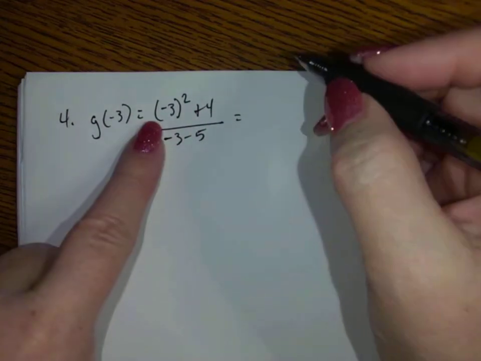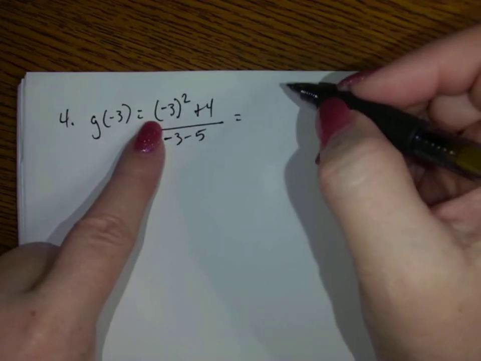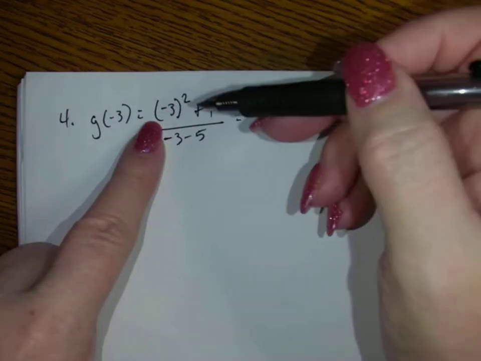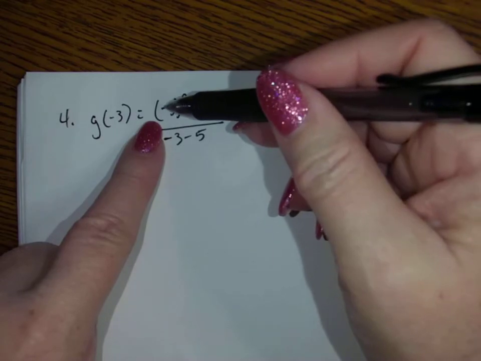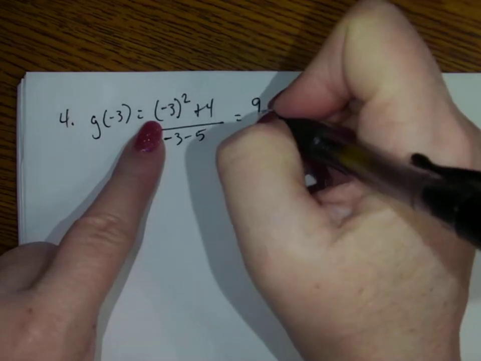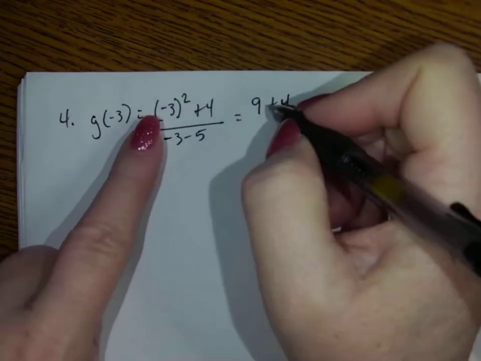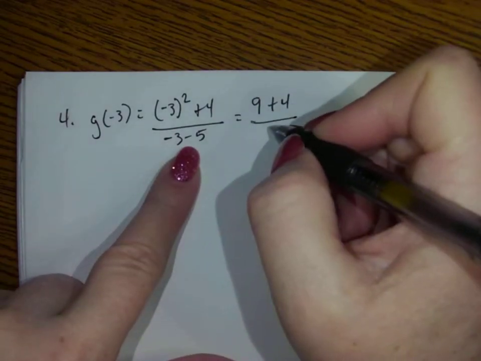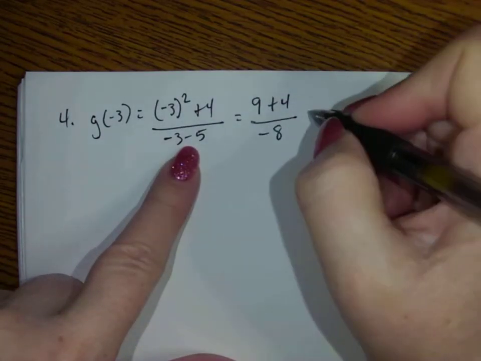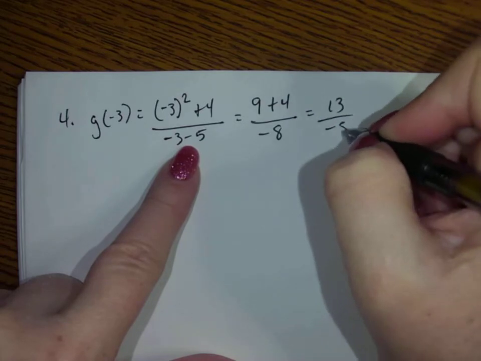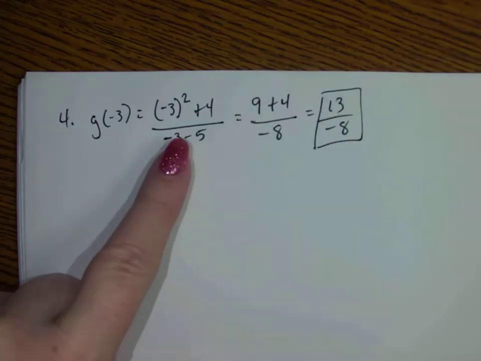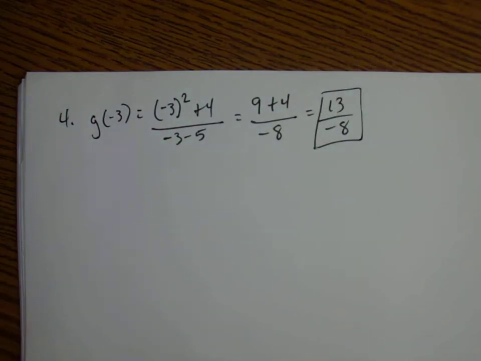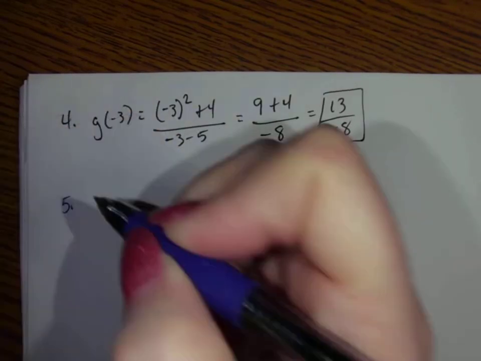So -3 squared, anytime you square any number, it's going to be positive because it's going to be itself times itself. So -3 times -3 will get us positive 9 plus 4. And -3 minus 5, they're the same sign, so we're going to add and keep the sign. And this will get us 13 over -8. Now, if it does reduce, you need to reduce it. Always simplify.